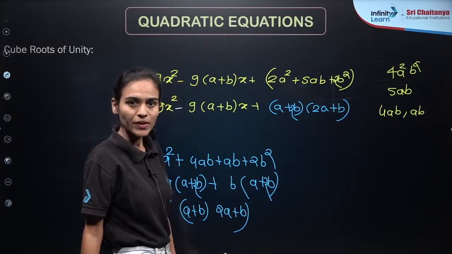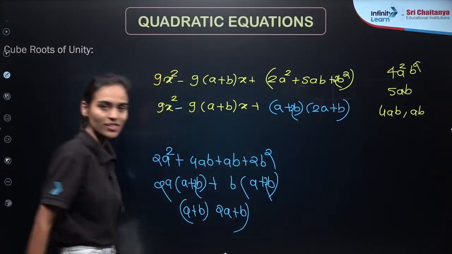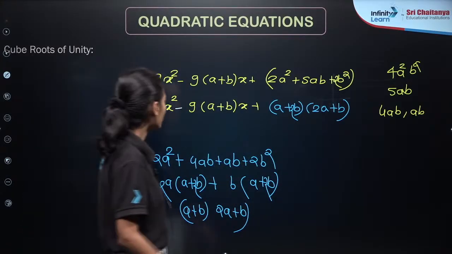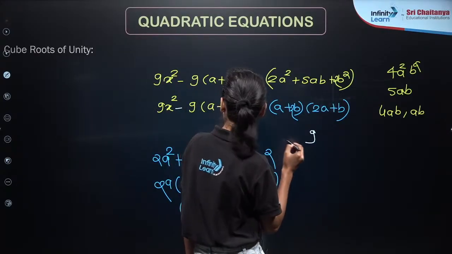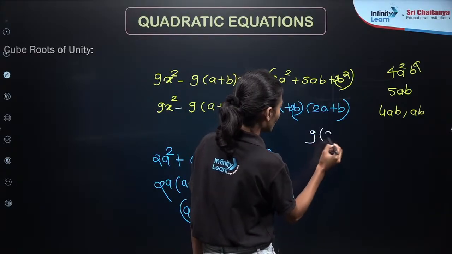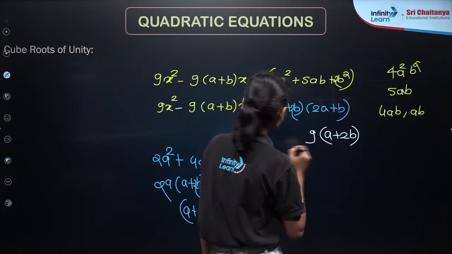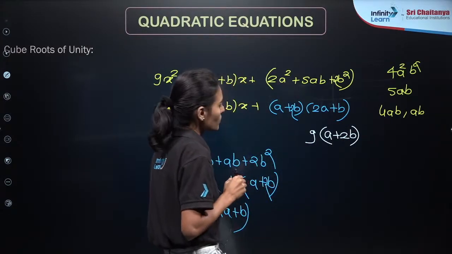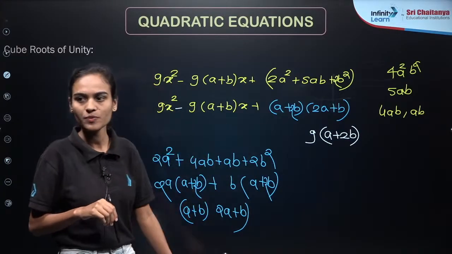So it is simple now, because see directly you have 9 into a plus 2b into 2a plus b. So what are the factors? The factors you can consider here are, you can take 9 into a plus 2b. Okay, so you want multiplication to be 9 into a plus 2b into 2a plus b, right?